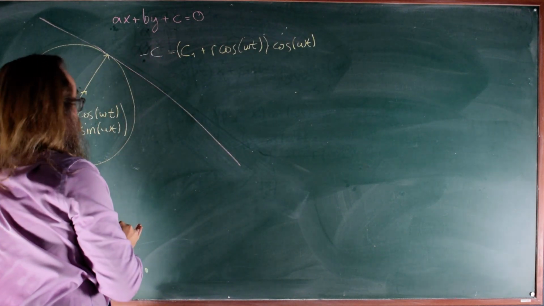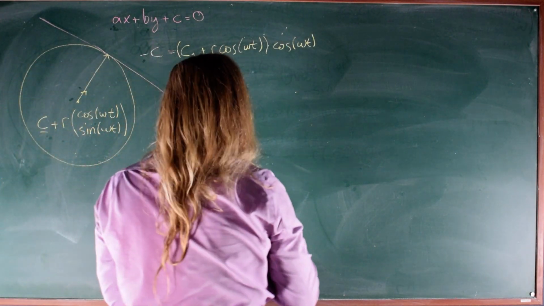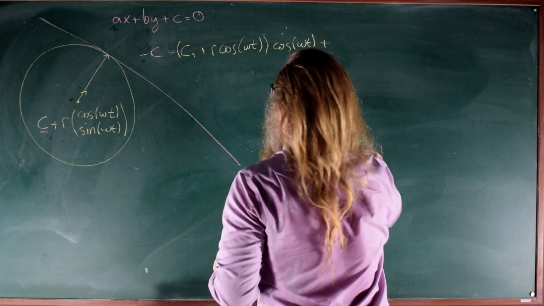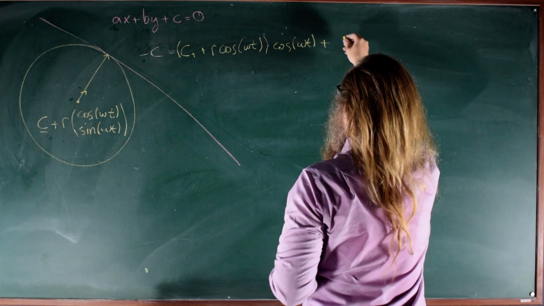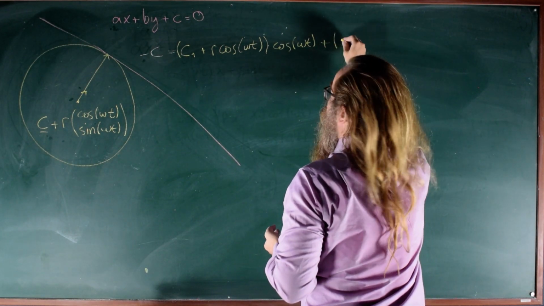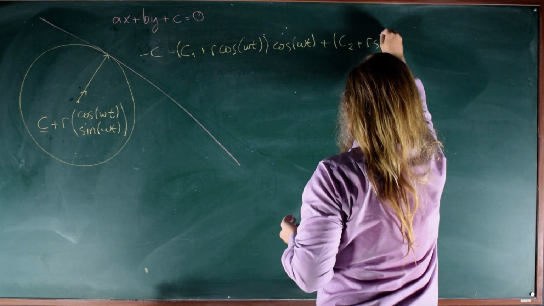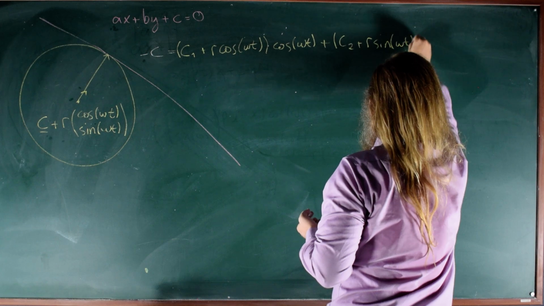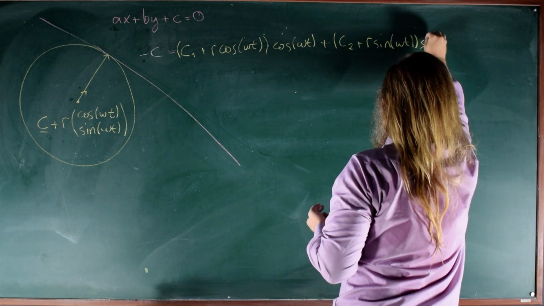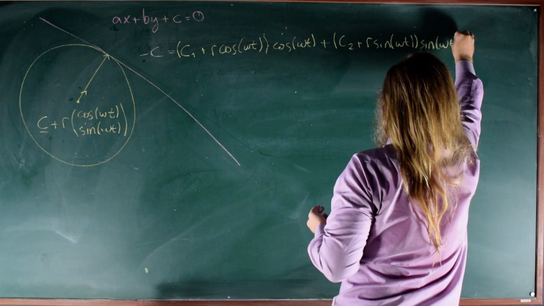Right? And we do the same thing for the y value. So we're going to get the C2, and then we're going to plus r times sine of omega t, and then times sine of omega t. All right?